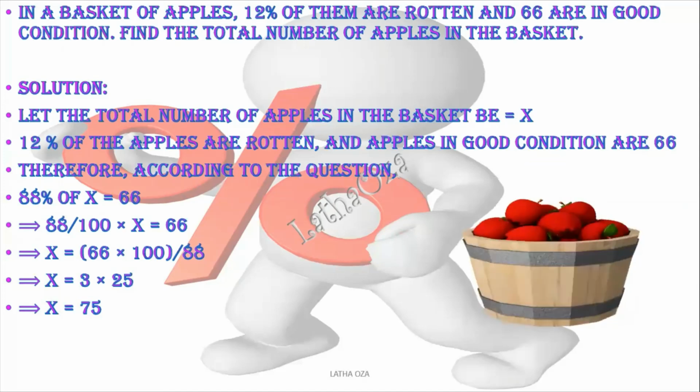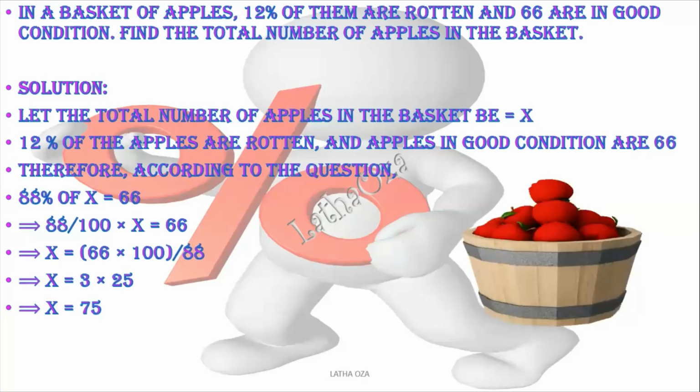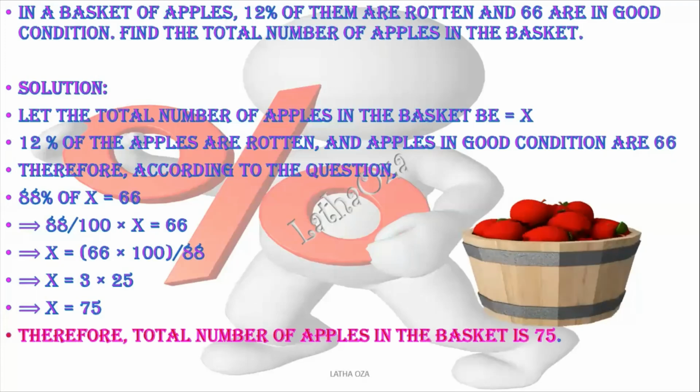So, according to the question, 88% of X is equal to 66. So 88 by 100 into X is equal to 66, where we need to find the X. So X is equal to 66 into 100 by 88, where X is equal to 3 into 25, where X is equal to 75. Therefore, total number of apples in the basket is 75.